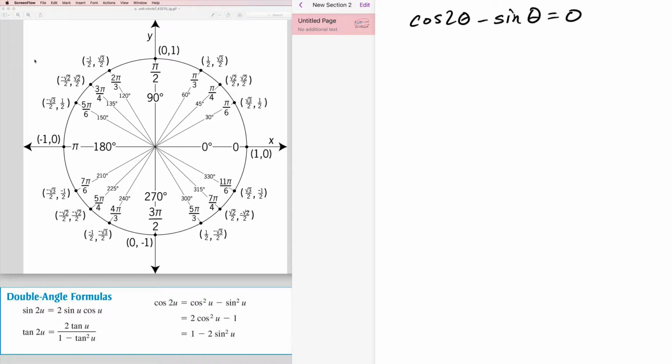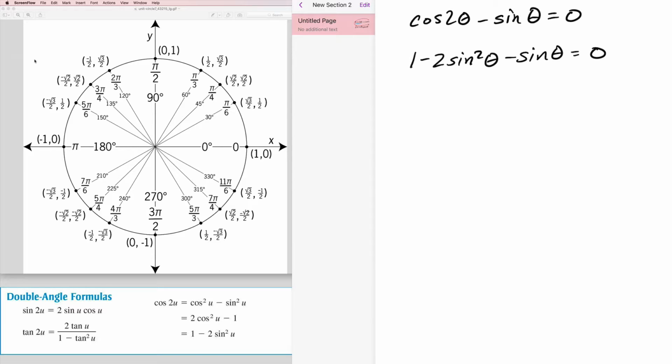I'm going to go ahead and pick one that has sine in it, just to make it a little easier for myself. So I'm going to pick the bottom one. So cosine 2 theta will be 1 minus 2 sine squared theta minus sine theta equals 0. So going from here, let's see here, 2 sine theta minus 1.